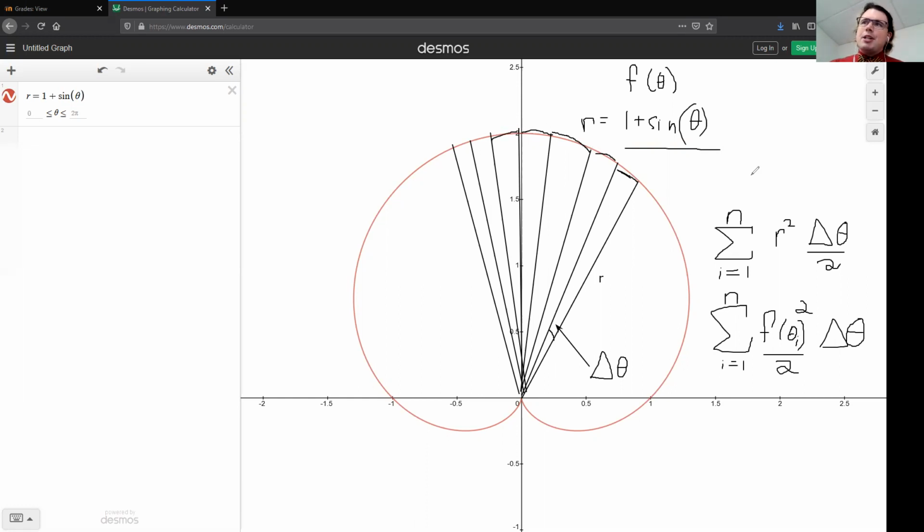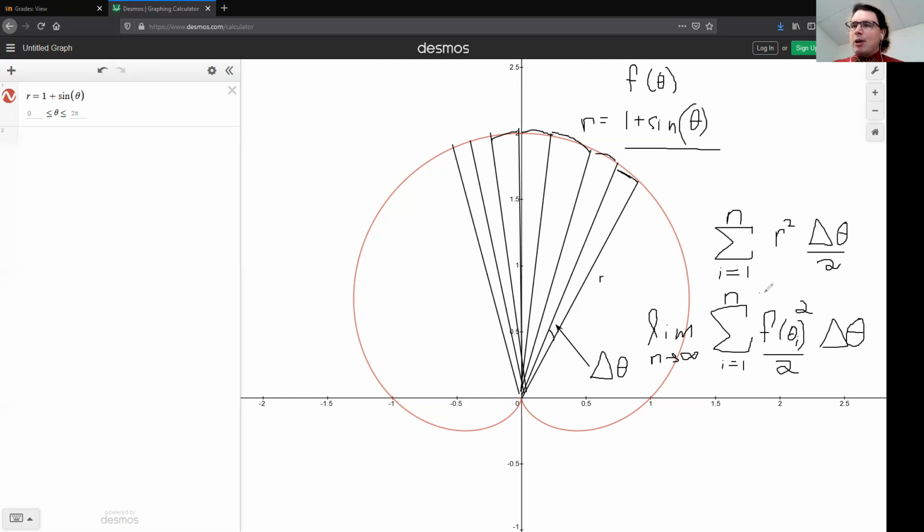And I turn this into an integral by taking the limit as n goes to infinity, right? So any finite sum here is only going to be an approximation of the area that I want. To find the true value, I have to take the limit of those approximations.